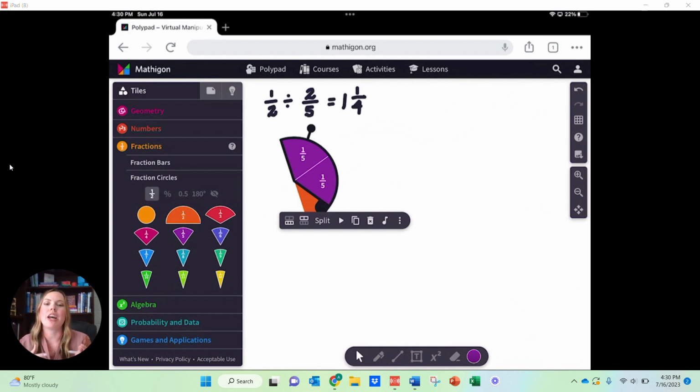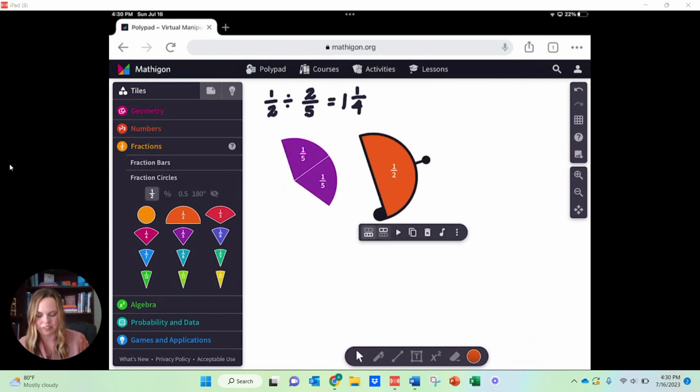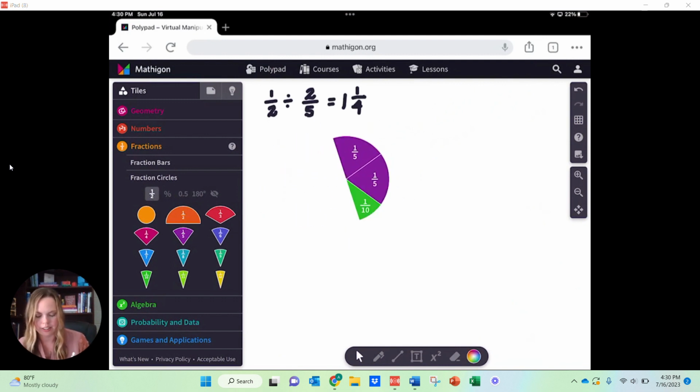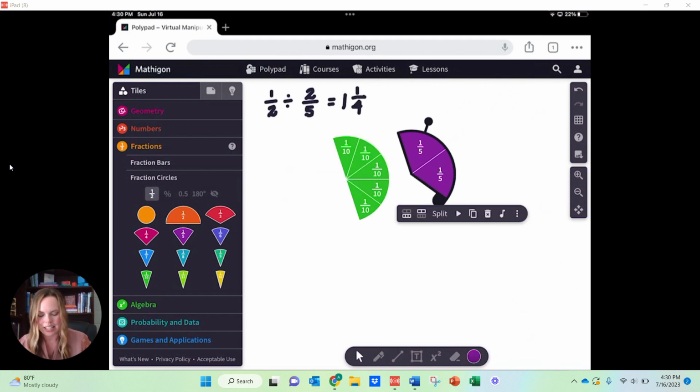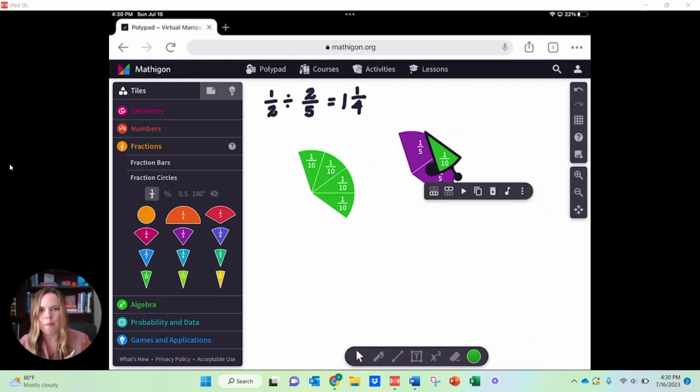And then how much of the 2/5 is right here? That little sliver. So again, I got down to figuring out what that little sliver was, oriented towards the whole. Okay, again, it snaps through so you can see that that sliver is named the 1/10. And then I'm comparing that 1/10 back to here to figure out how much of it is the 2/5.